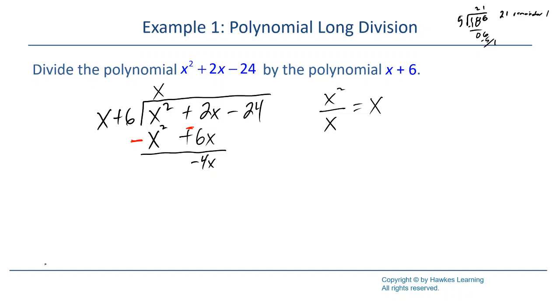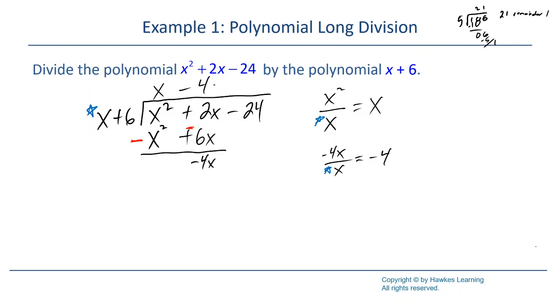So next I need to check how many times x goes into negative 4x. As a reminder, this x is the one that I'm dividing by. I'm always dividing by the largest power in my divisor. So this is equal to just negative 4.